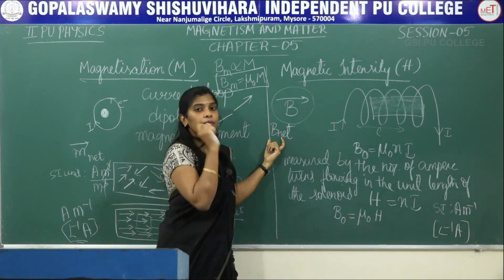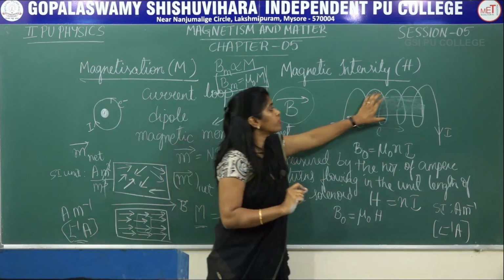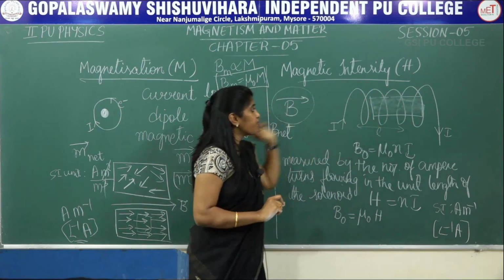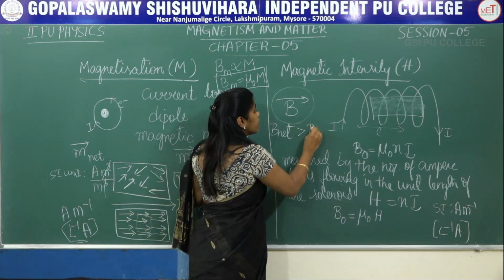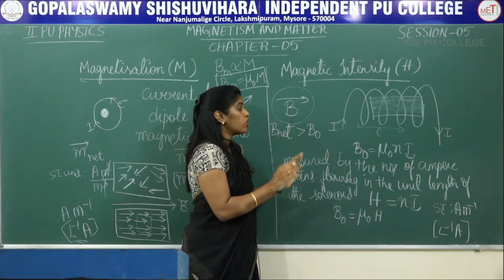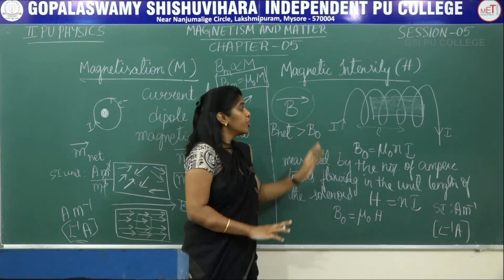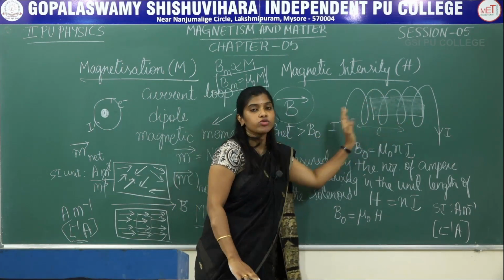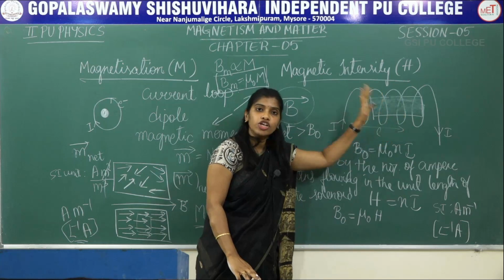So what is B net? B net is the net magnetic field of this material, and this B net is said to be greater than B naught. What is B naught? B naught is the magnetic field due to the solenoid, due to the current which is present in the solenoid.